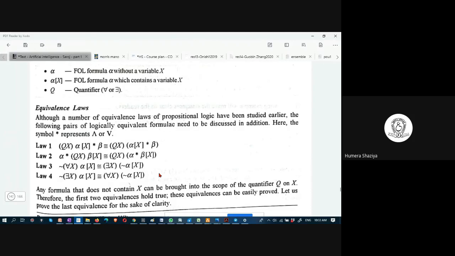Here, Q x alpha x asterisk B. How can this be written as Qx in parenthesis, in another parenthesis, alpha of x, asterisk B? This symbol asterisk represents and or.